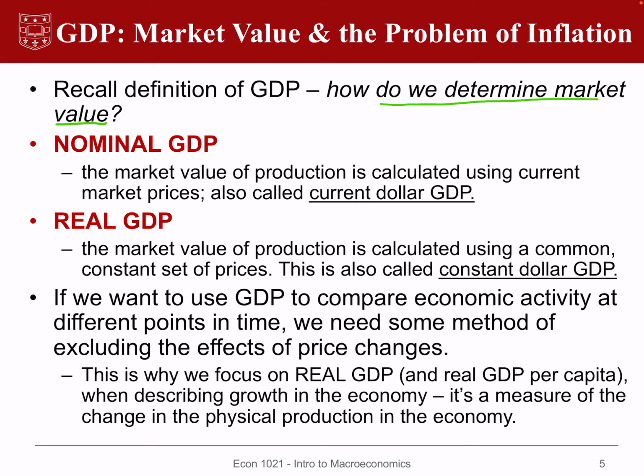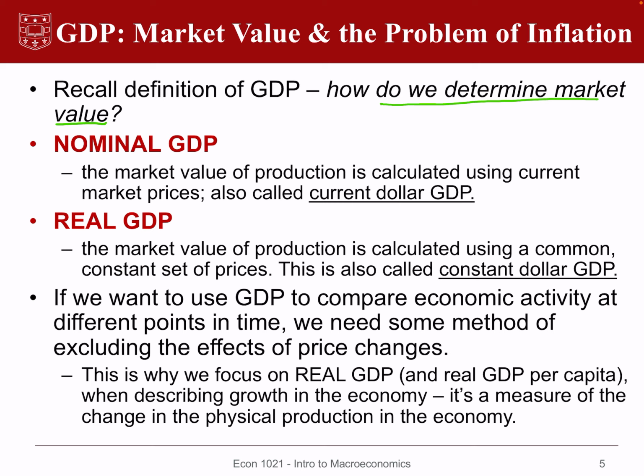So the big idea is, if we want to use gross domestic product to compare economic activity at different time periods, with the full understanding that gross domestic product is not an exact measure of our well-being or our standard of living, it's still the case that GDP, say GDP per capita, gives us a dollar measure of income that accrues to a person in a macroeconomic sense, and we might want to compare that from one time period to another to see, is our standard of living improving?